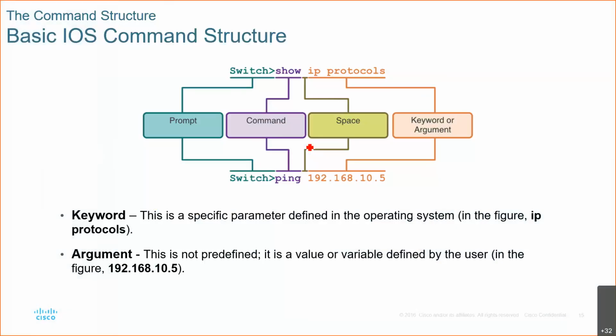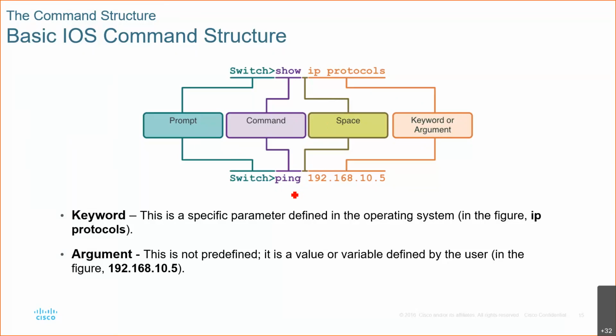If you look at your IOS command structure, you have the prompt first, then the command, then a space, and then you mention the keyword. For example, ping, to establish an echo connection, a network connection, whereby you get a reply from a distant device. If you get a reply, that means the network is connected.